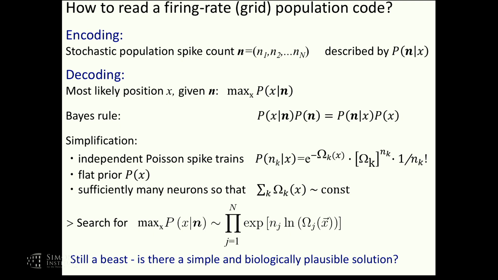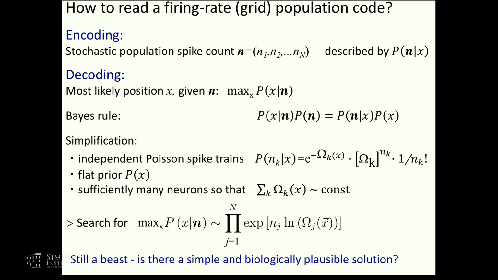Because that's the most likely position given the spike count vector. We can do it, and in fact, when people run decoding algorithms, when they do Bayesian decoding, they do something similar. They go through all possible positions x, ask where is the highest probability, and that's the decoded position.